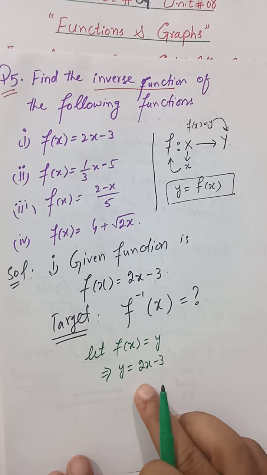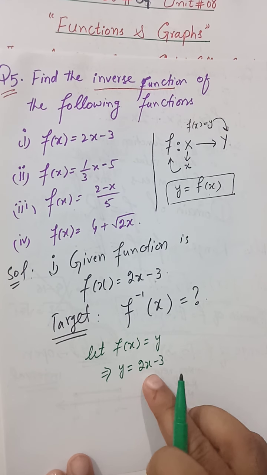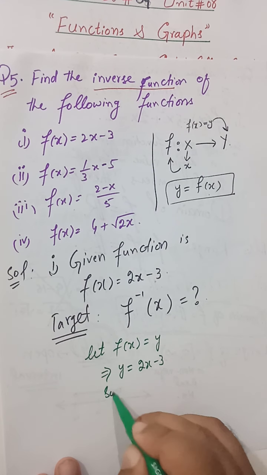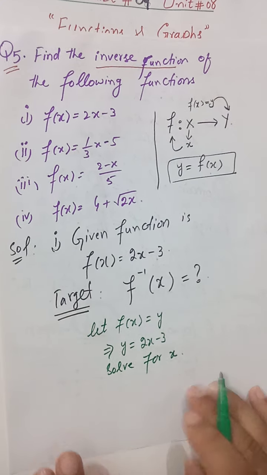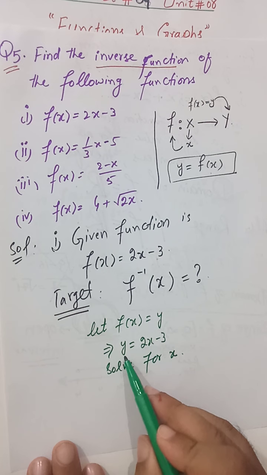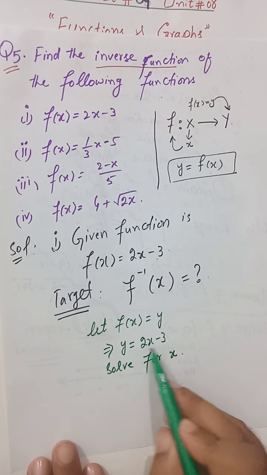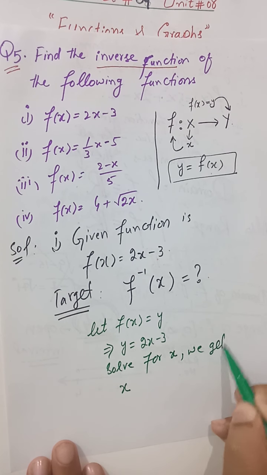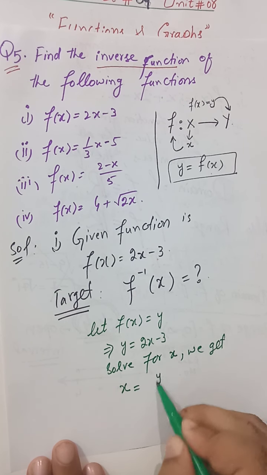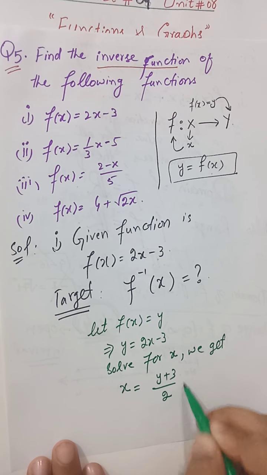In the next step, you need to solve this equation for x. When you solve it for x, you shift 3 to the left hand side. So 2x is equal to y plus 3, dividing both sides by 2, we get x is equal to y plus 3 divided by 2.